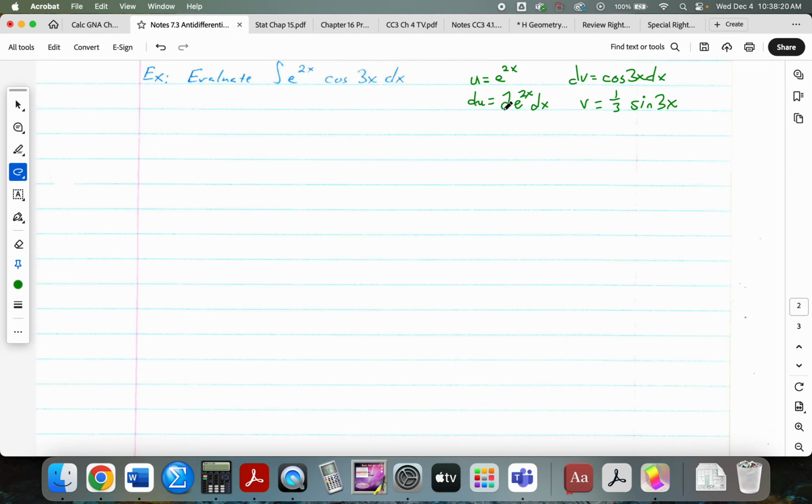So we've got u times v. So that's 1/3 e to the 2x sine 3x, minus the integral of v du.